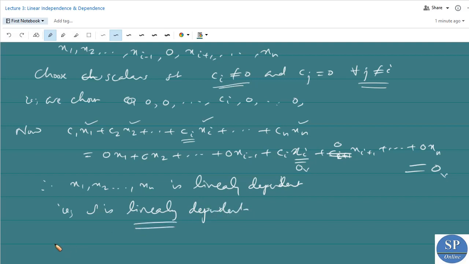Therefore, we have if 0_V belongs to S, then S is linearly dependent.